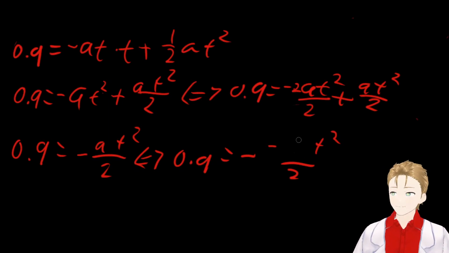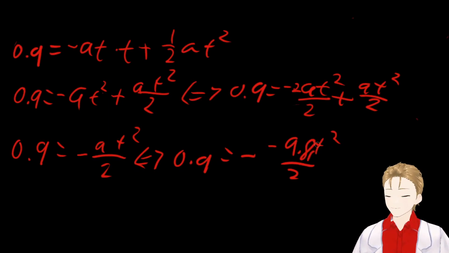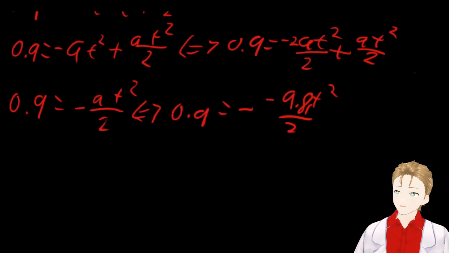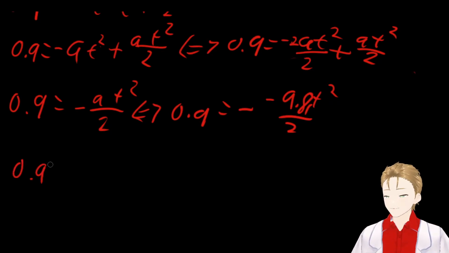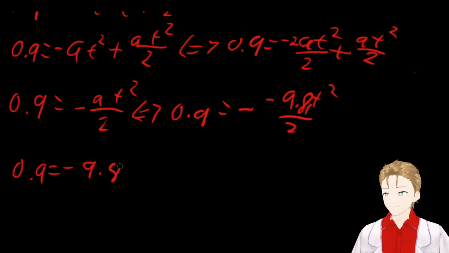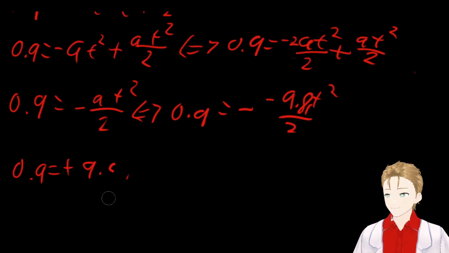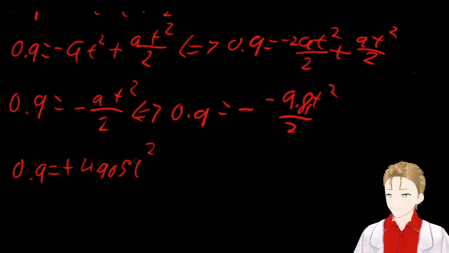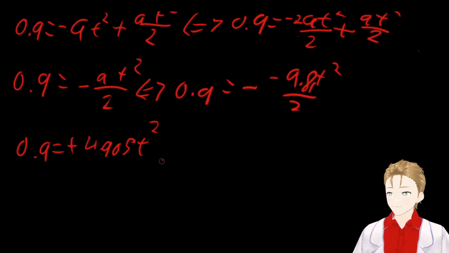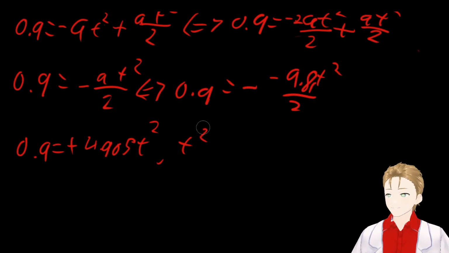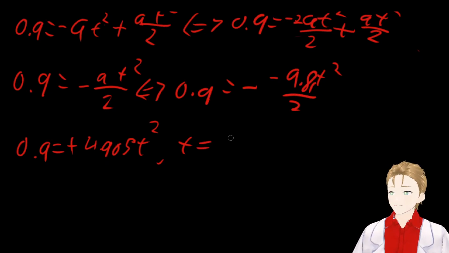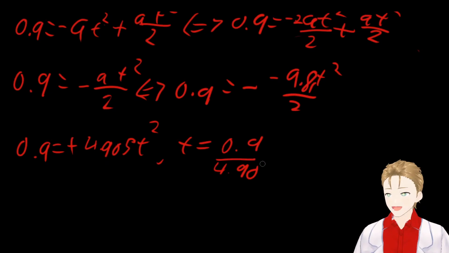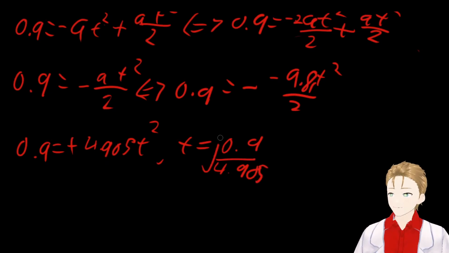We could say 9.81. So we are left with 0.9 is equal to 4.905 t squared. t squared, t is equal to the square root of 4.905.